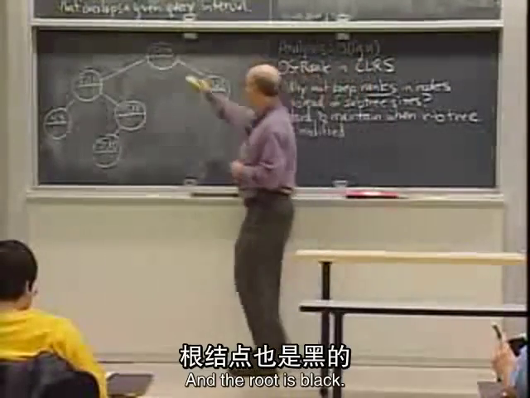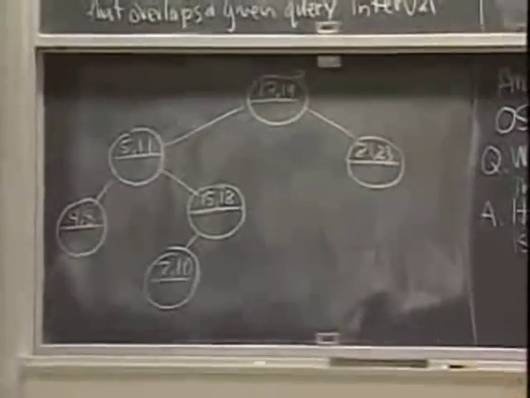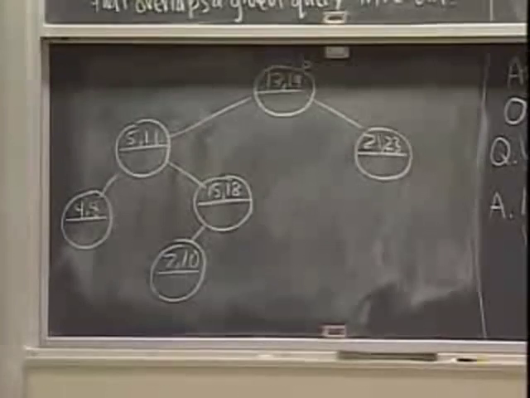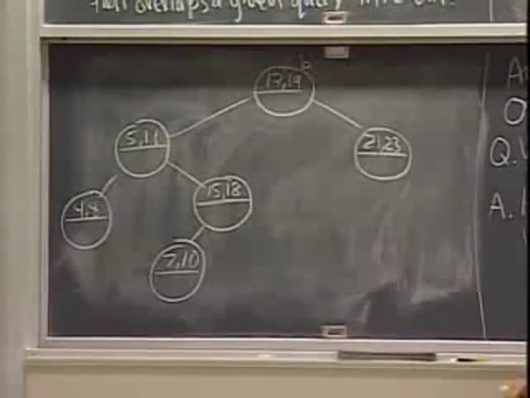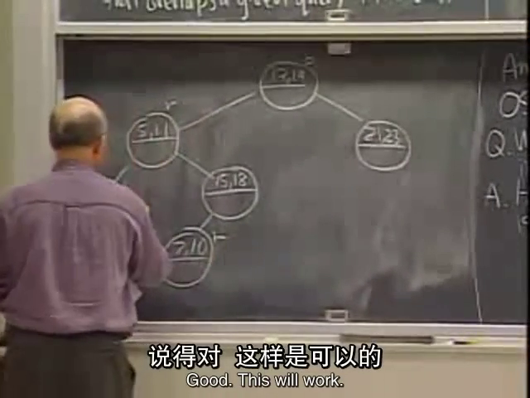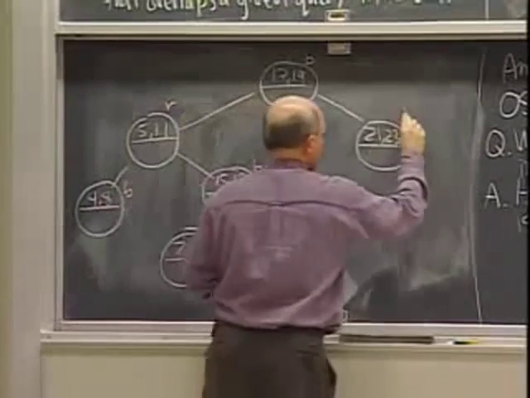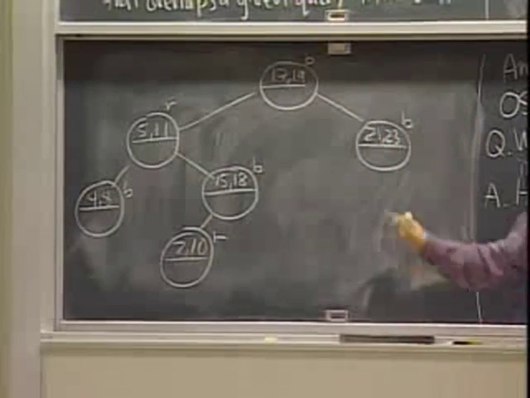And the root is black. I'll give that one to you. The node at 5 should be red, and at 7. Good. So this will work. A little logic puzzle.